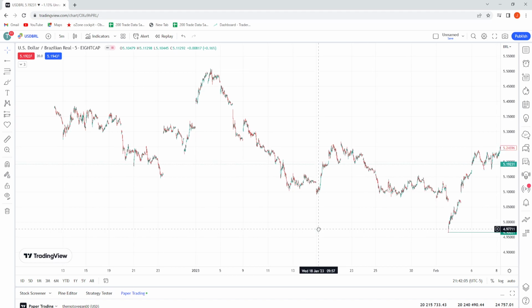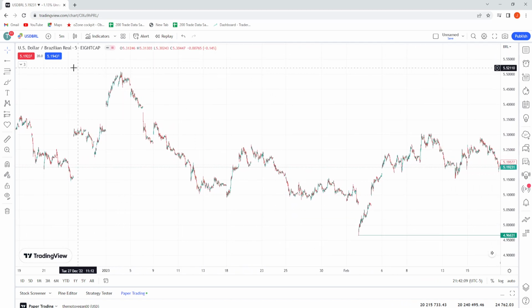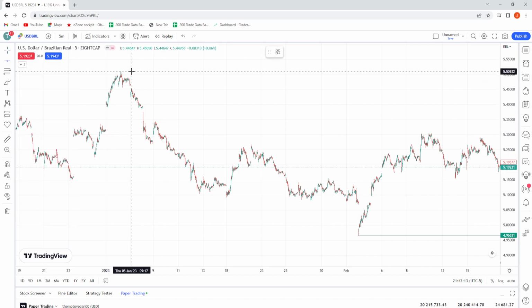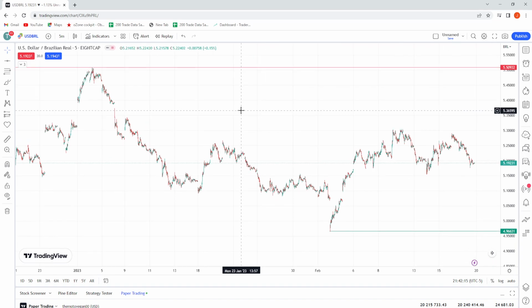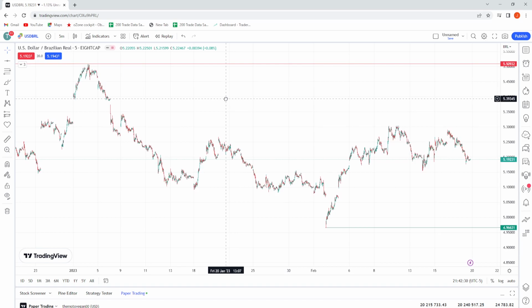That's close enough. This would be like my intermediary protected high. And all I mean by that is essentially, if price is to push long and it reaches this level and breaks this level, I'm no longer looking for short. So this is basically my point of invalidation for myself.